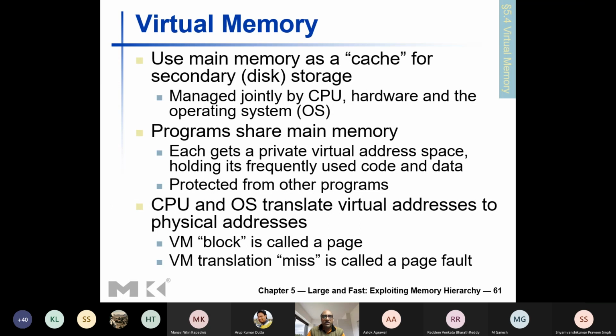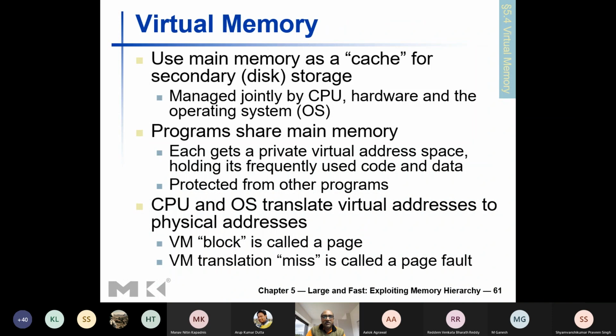Now when you talk about virtual memory, our focus is between the main memory and the secondary storage. In that context, the terminology used in virtual memory will be a page instead of a block. As we know, the relative sizes of main memory and secondary storage are much larger compared to cache and main memory.